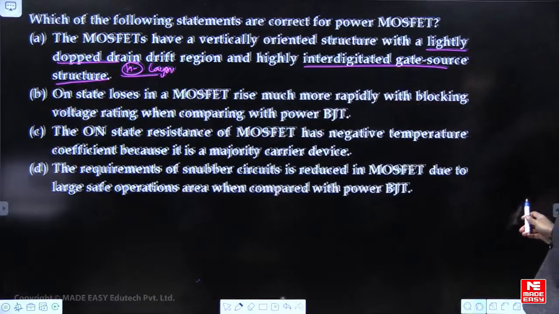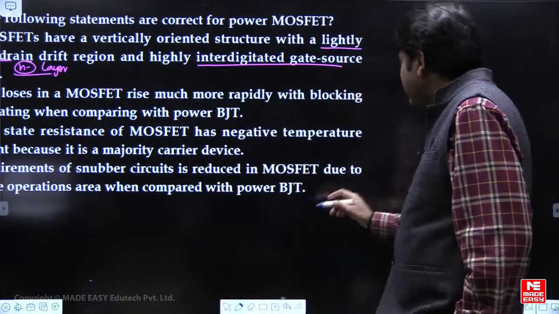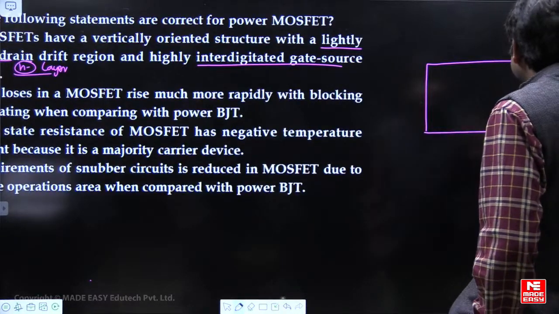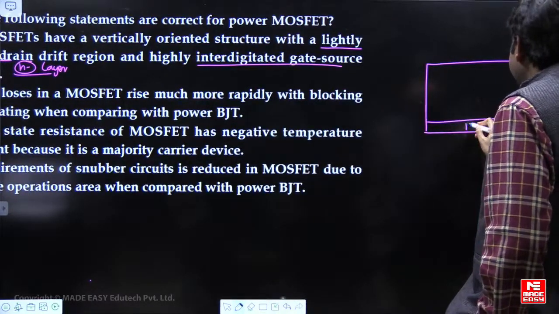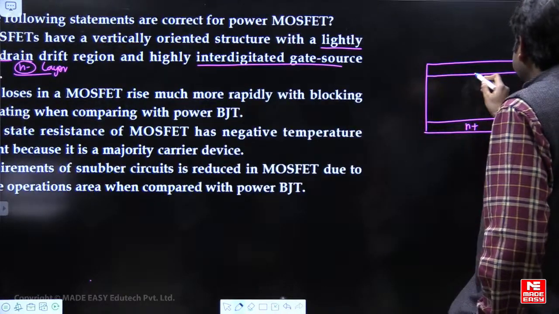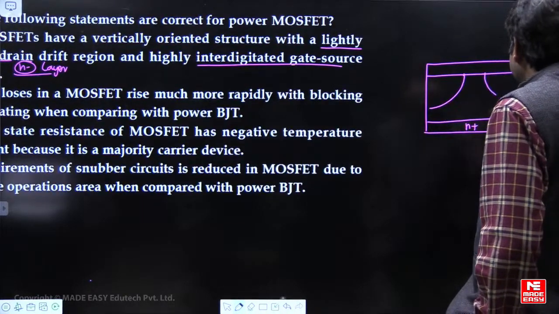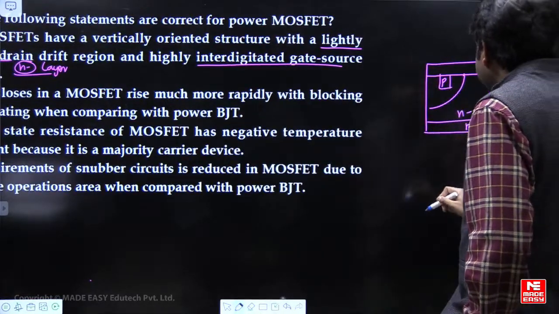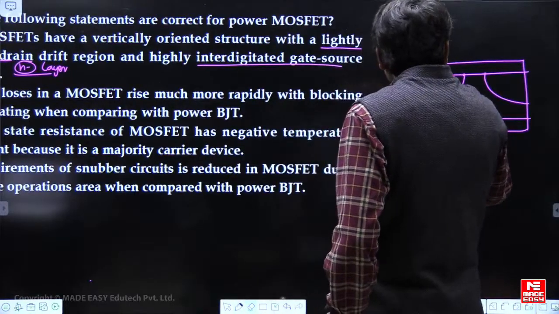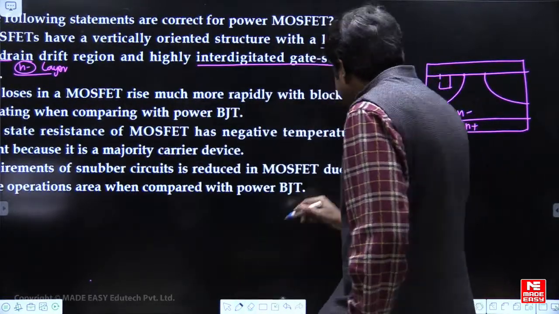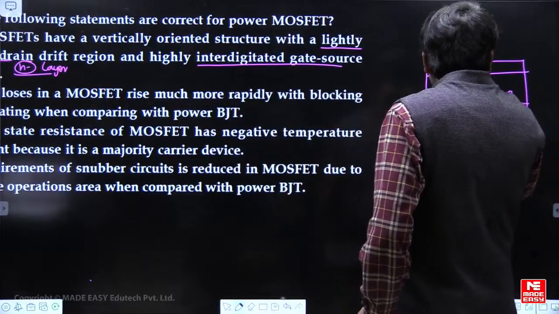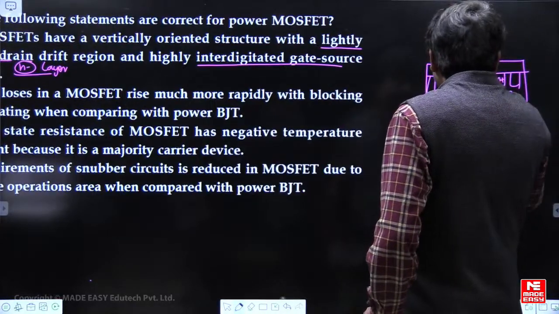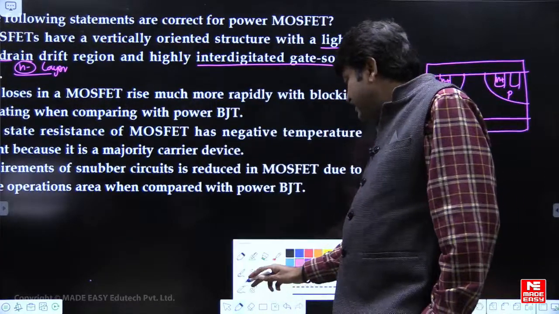Let me redraw the structure of the MOSFET so that you will get some clarity. You have the N plus layer, here the N minus layer, the P layer, here we have P layers, and this is the N plus layer, here also N plus layer. And here we have the SiO2 layer.